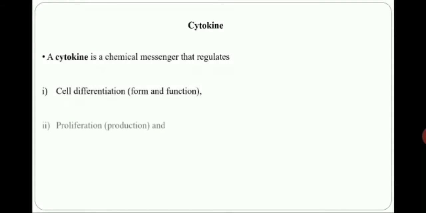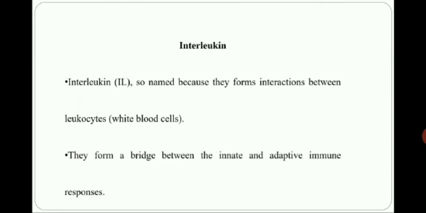In addition to that, they play a role in the proliferation of different kinds of cells of the immune system, as we have discussed how the cytokines secreted by T helper cells activate the B cell and help in the proliferation of B cells. And in addition to that, cytokines also affect the expression of certain genes. They control the expression of certain genes which affect the immune responses.